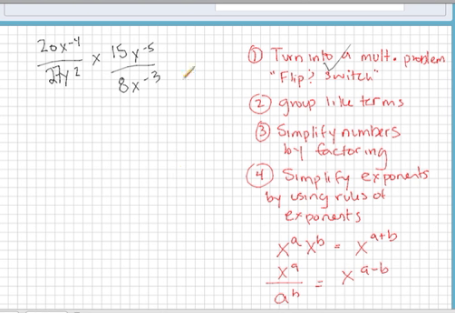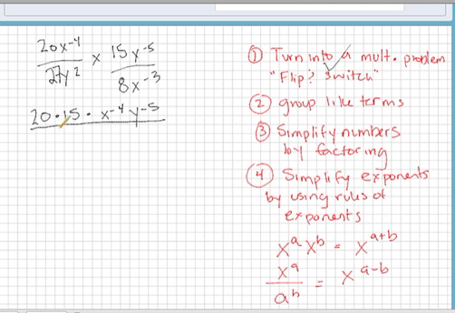The next thing we're going to do is group like terms. This is now a multiplication problem, so we don't have to worry about keeping things separate. It's just the stuff on the top stays on the top and the stuff on the bottom stays on the bottom. So I want to group my numbers with my numbers and my letters with my letters. So what we really have going on top is 20 times 15 times x to the negative 4 times y to the negative 5.